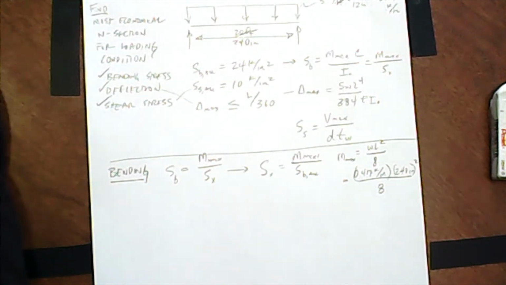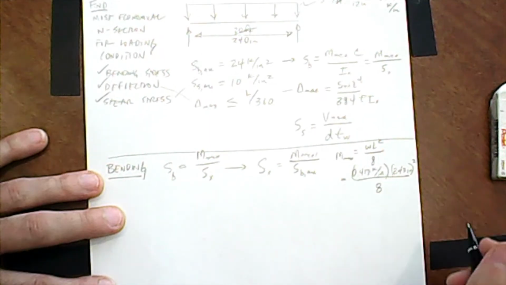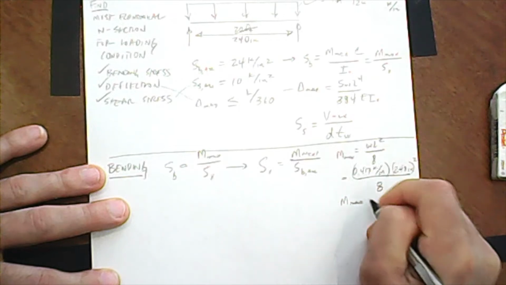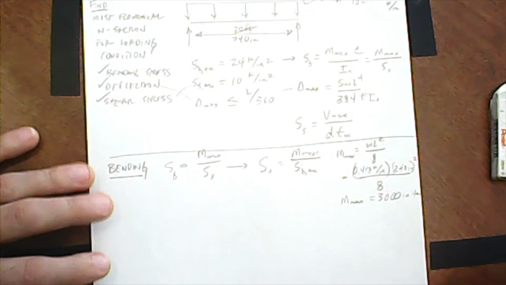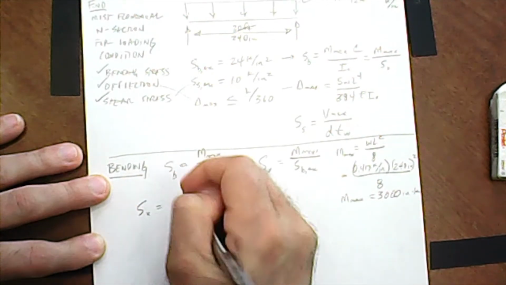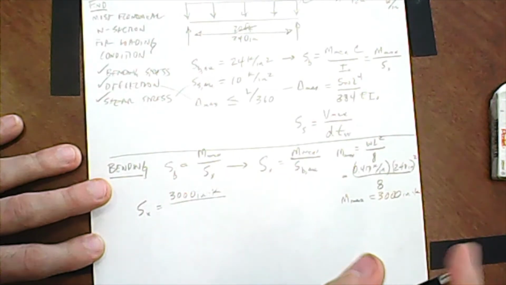So running through that number, 0.417 times the 240 squared divided by 8, and we end up getting 3,000 for the M max. 3,000 inch kips.